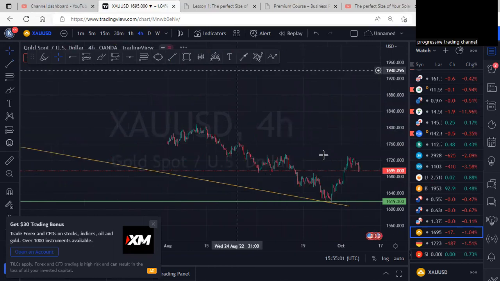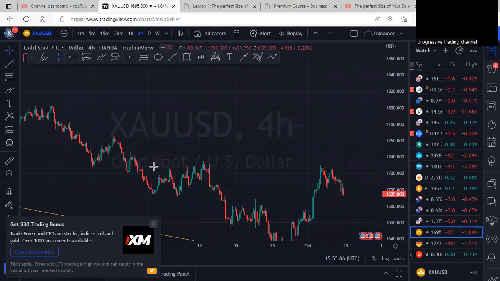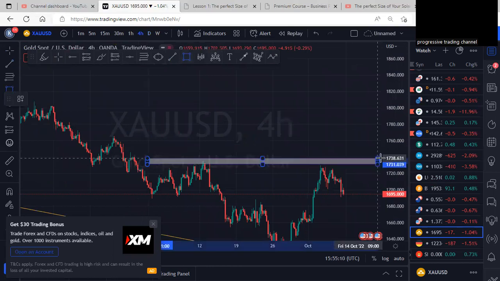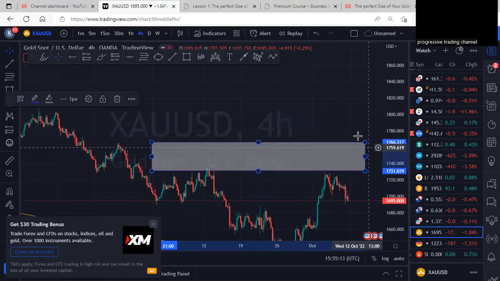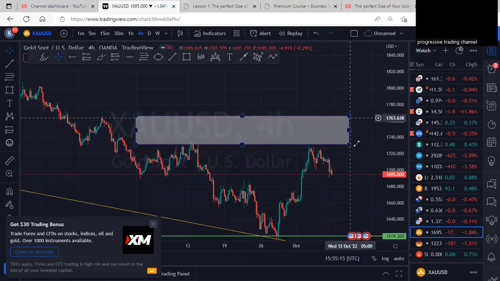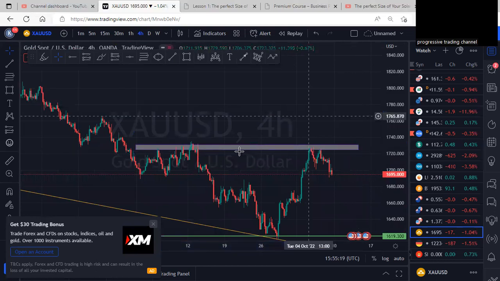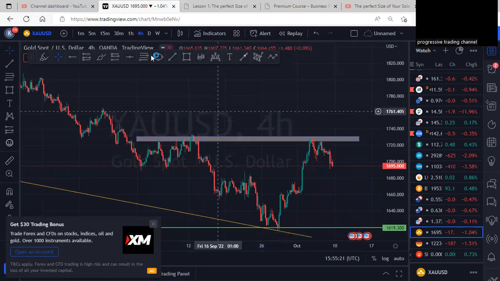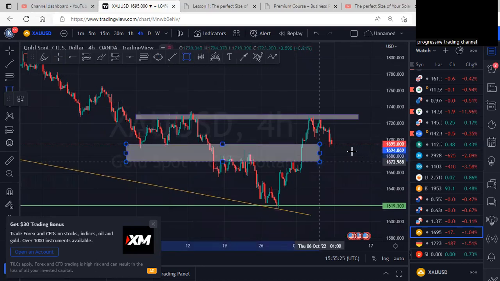One thing that I saw that was interesting for me here on this chart was this part, right? We have something like this, definitely. And then we have this also.